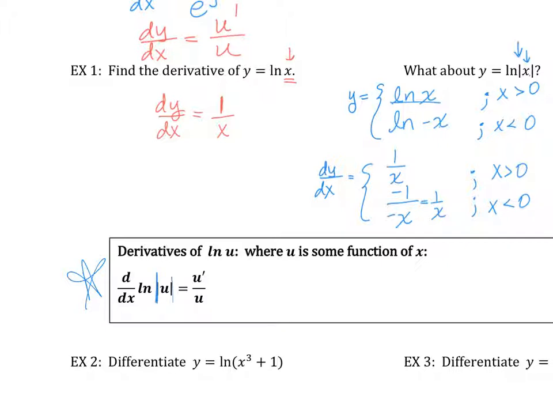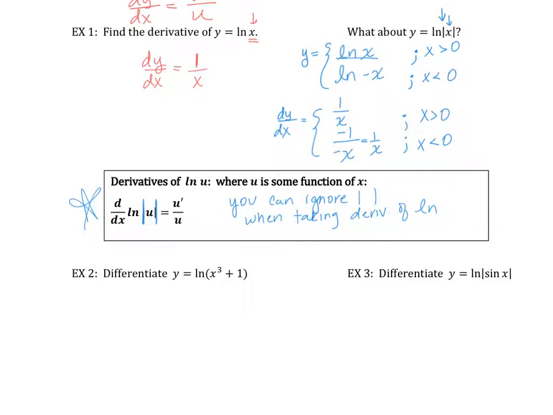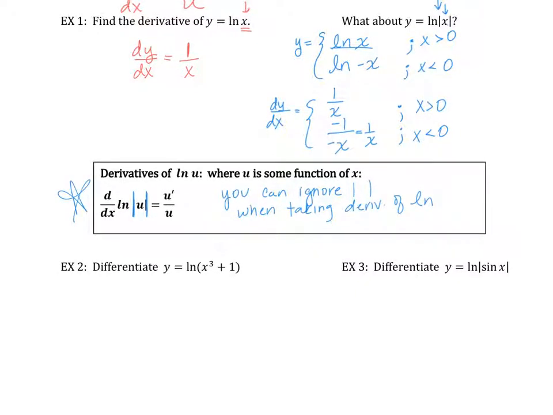If you have an absolute value around your argument and you're asked to take the derivative of it, you can totally ignore the absolute value when taking the derivative of a natural log. So that's awesome for you. Whether it has absolute values or not, you don't worry about it.